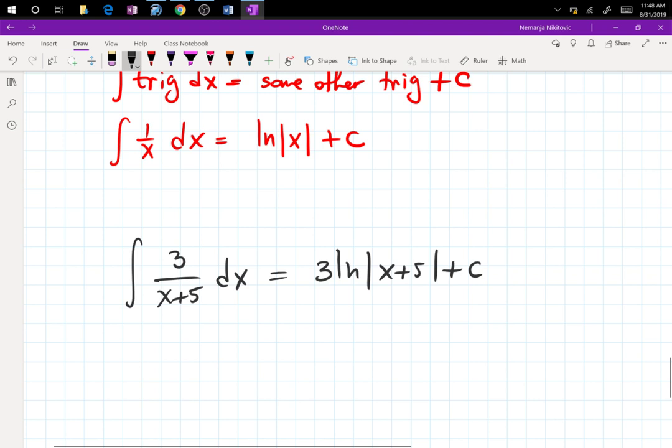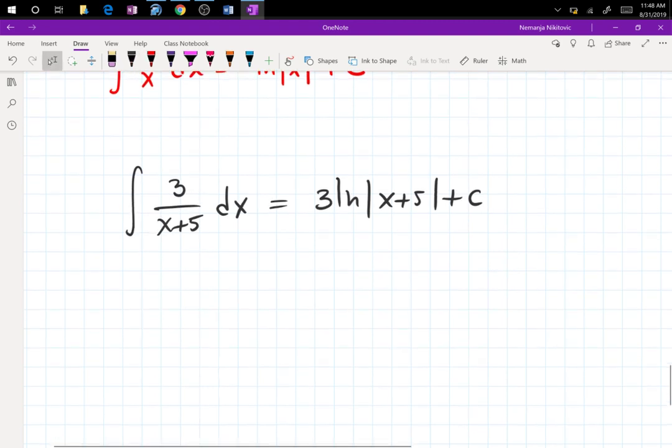What are the steps in between? U sub is in between. U substitution goes like this. I'm just going to cover this, and later when I erase it, it will magically appear. So how do you do this?